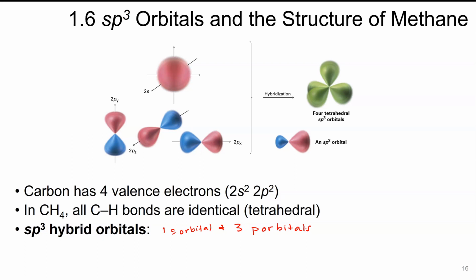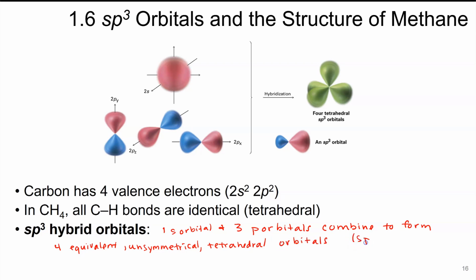And those will combine to form 4 equivalent unsymmetrical tetrahedral orbitals. So there's 1 s and 3 p's, which make the sp3. This was figured out by Pauling in 1931.